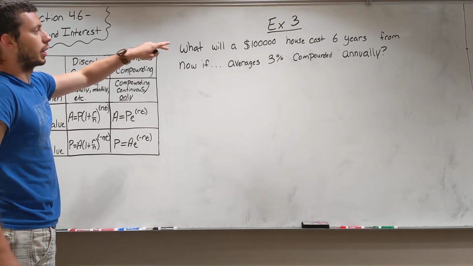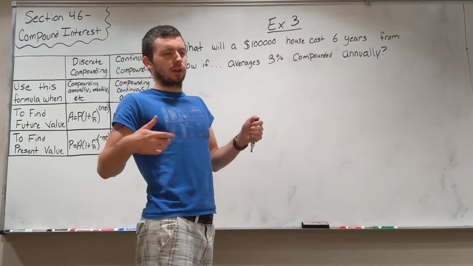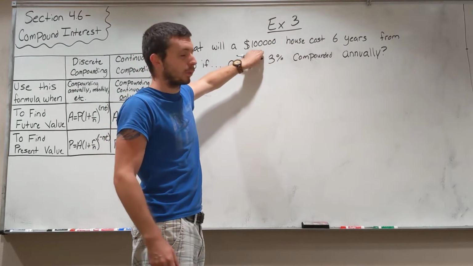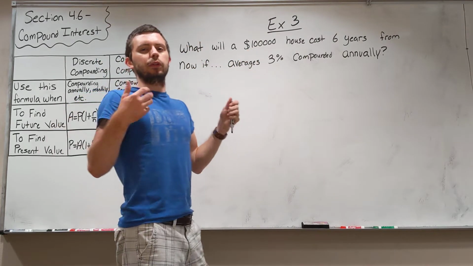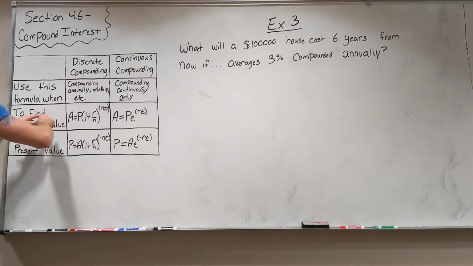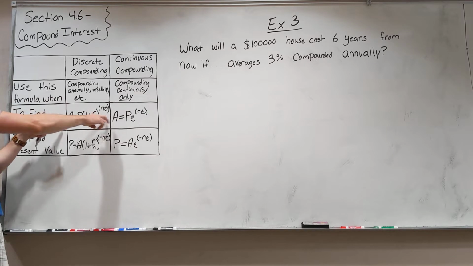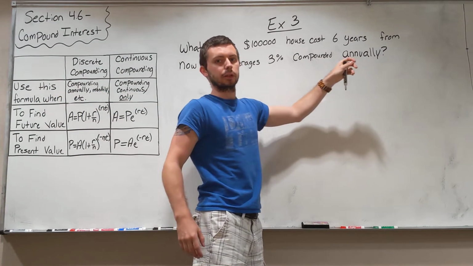So what will a $100,000 house cost 6 years from now? It sounds like the house is currently $100,000, and we're looking for what it's going to cost in the future. So if anything, that tells us we're looking for a future value, so one of these two, and we are compounding annually.